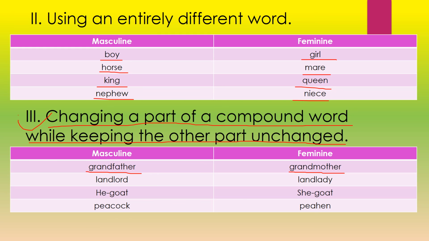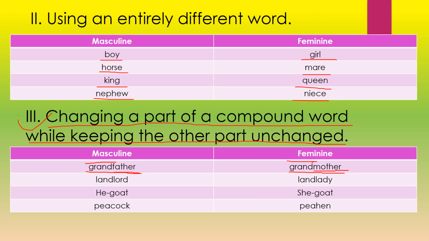From this first example, you can understand that the word grand is the same in both masculine and feminine gender. As this is a compound word, one part remains the same, and the other part is getting changed. That is, in masculine gender you have father, whereas in feminine gender you have mother. That is masculine grandfather, feminine grandmother.